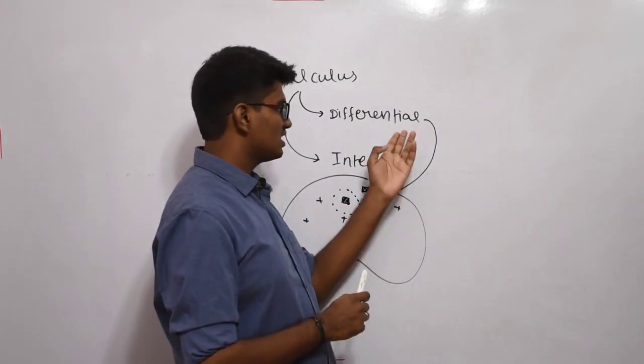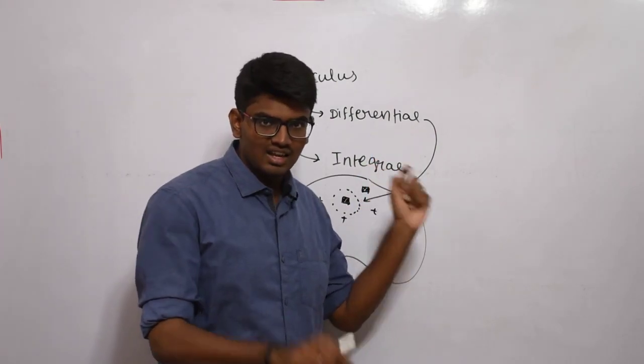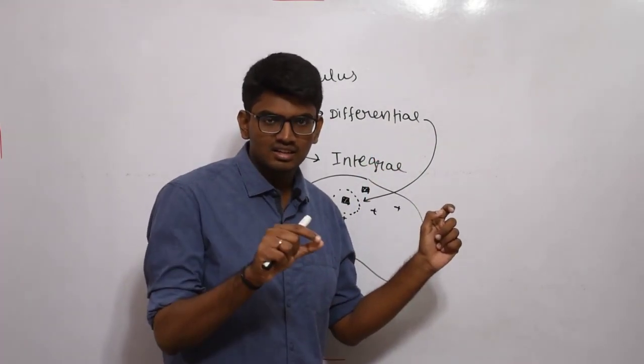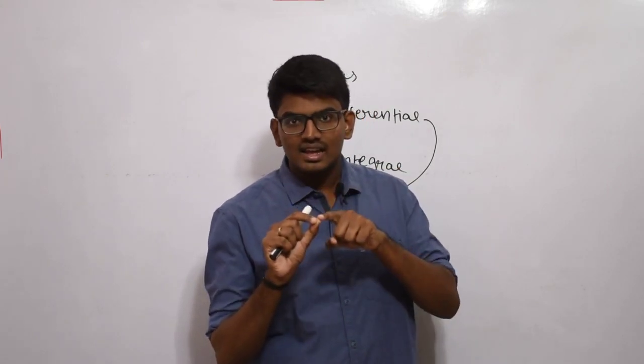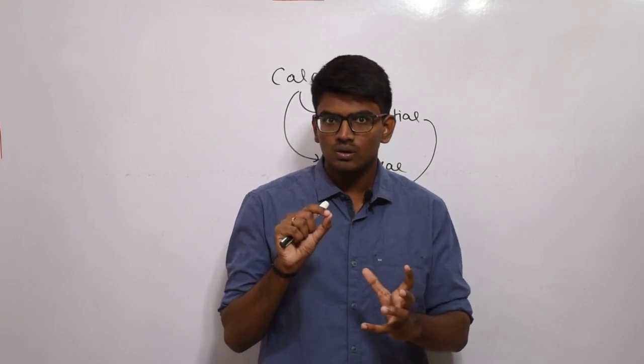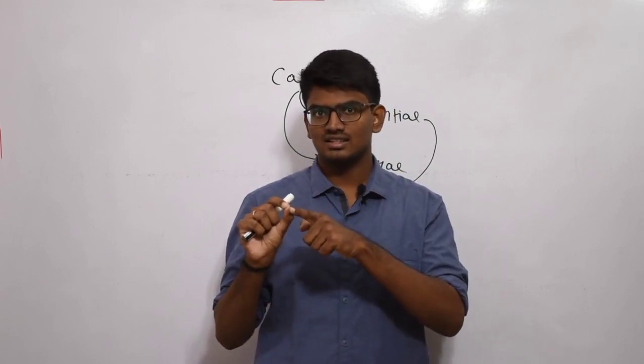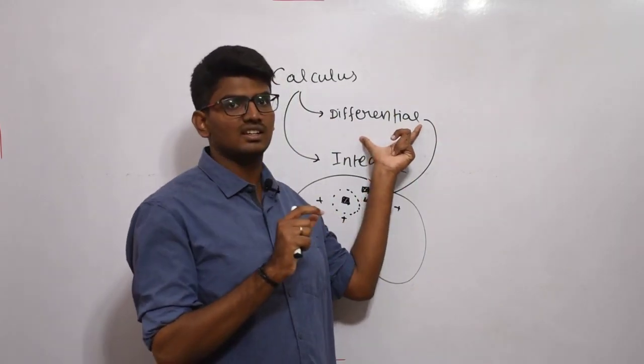That is what differentiation and integration is. Differentiation is nothing but the rice which she took and pressed. She analyzed only one rice, a small part of the complete bowl. That comes under differential calculus.